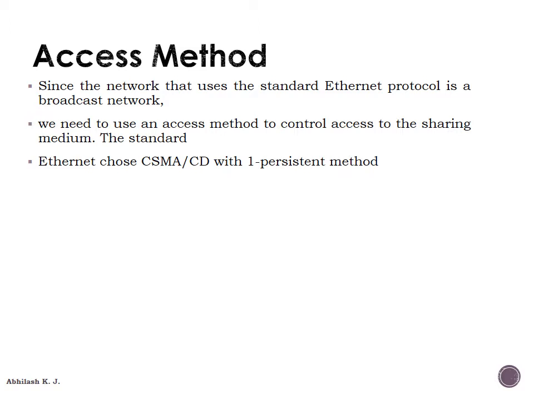In the previous video series, we considered the media access control mechanisms. Under random access, we considered a scheme called carrier sense multiple access with collision detection. Along with that, carrier sensing has three major techniques: one persistent method, non-persistent method and p-persistent method.